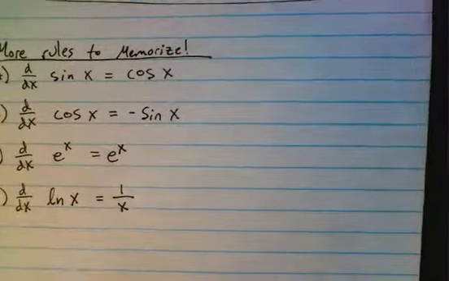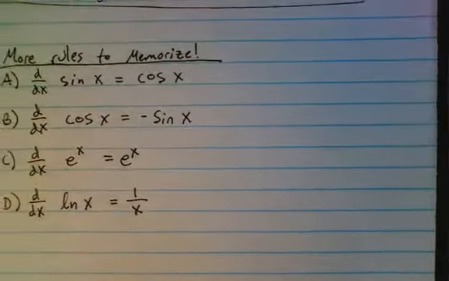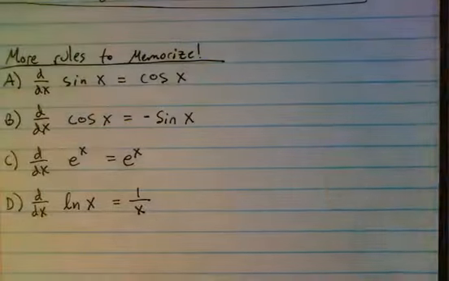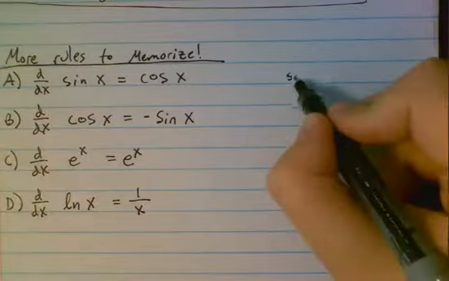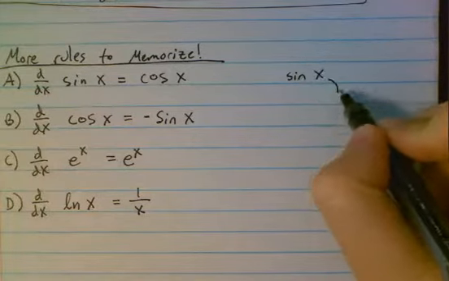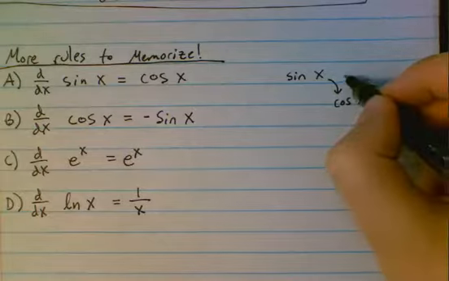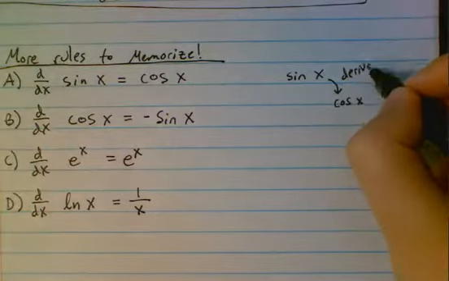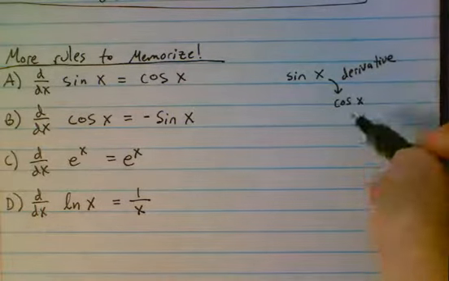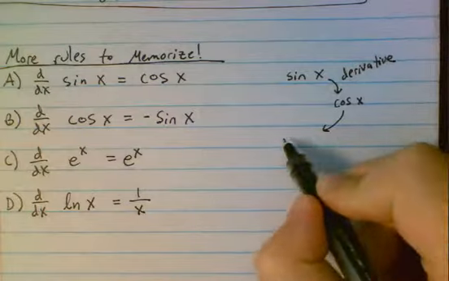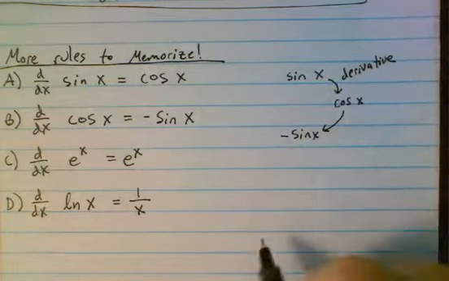There's one thing that's going to be particularly helpful with remembering, especially these first 2 rules, and that is this little picture. The sine of x becomes the cosine of x. This is when we're taking the derivative. The cosine of x we saw becomes negative sine of x.